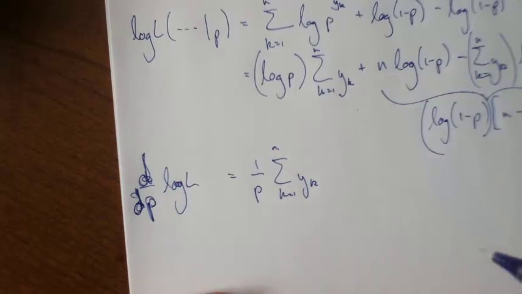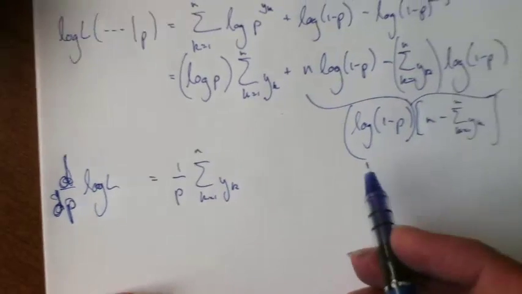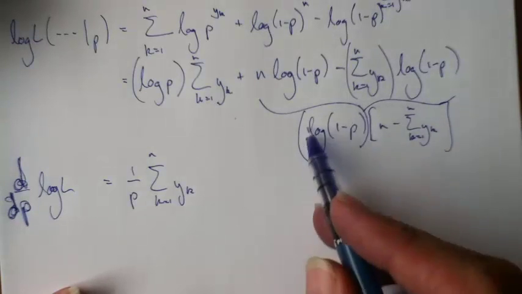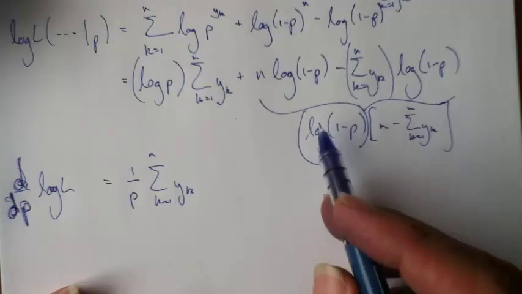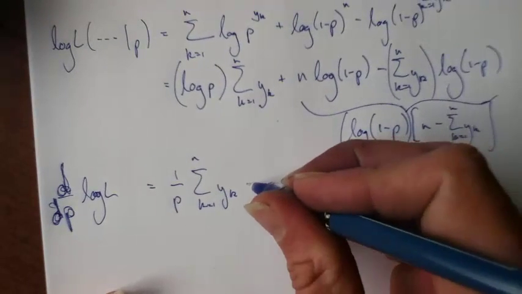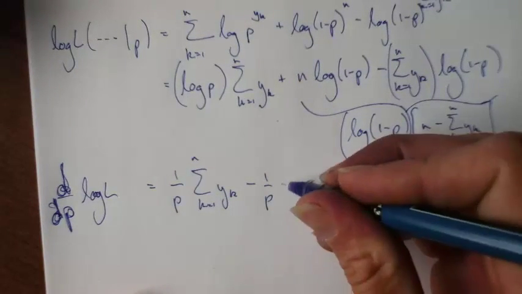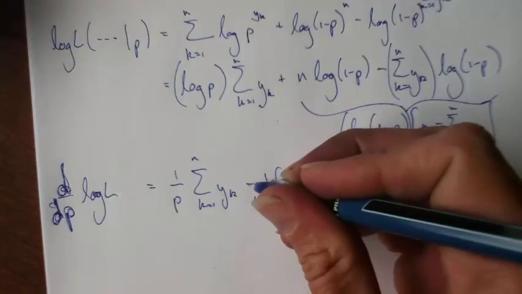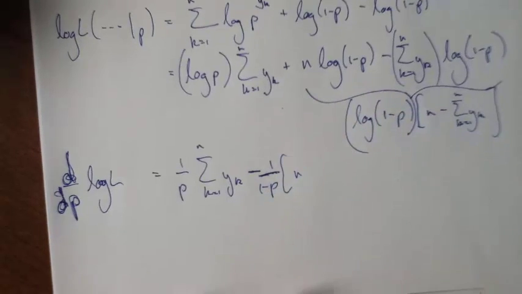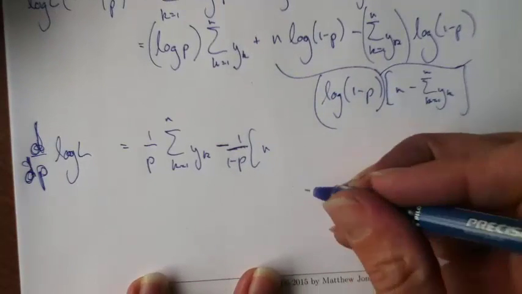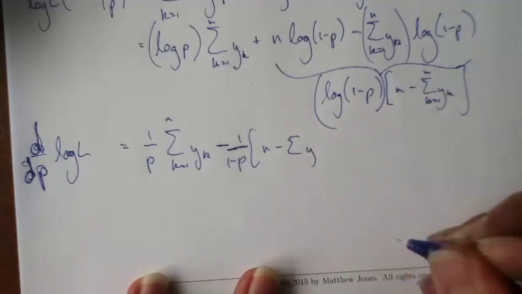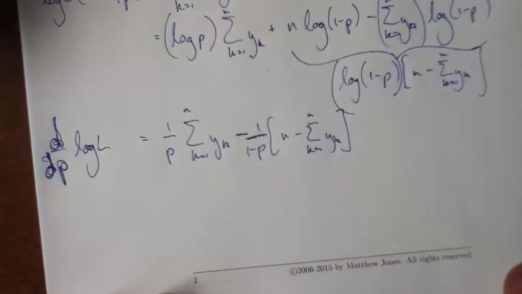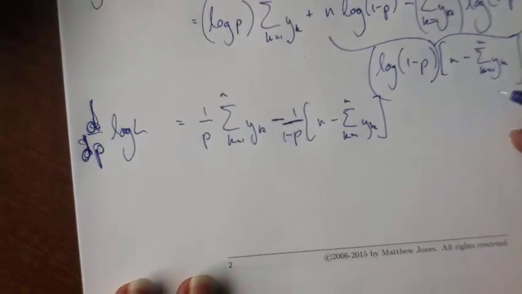And then all of this stuff is constant with respect to p, and the derivative of log of 1 minus p with respect to p is going to be negative 1 over 1 minus p. So I get negative 1 over 1 minus p times n minus the sum yk, k equals 1 to n. And then I'm going to set this equal to 0.